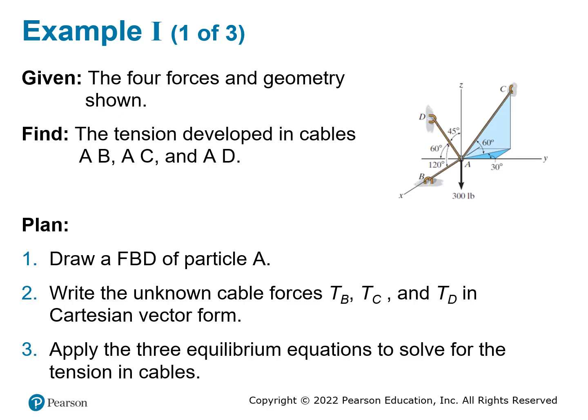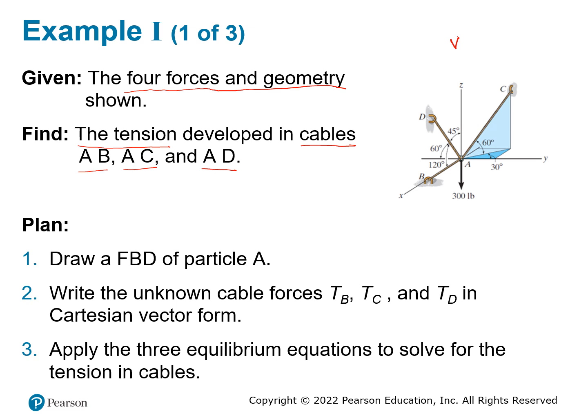Let's look at an example to show you how we apply this idea to solve a real problem. Over here you are given 4 forces, along with the geometry of these forces. We want to find the tension in the cables AB, AC, and AD. So here is our picture.